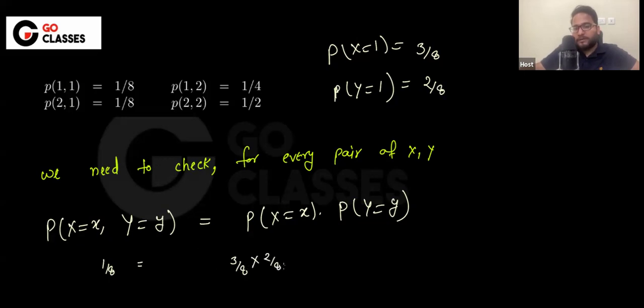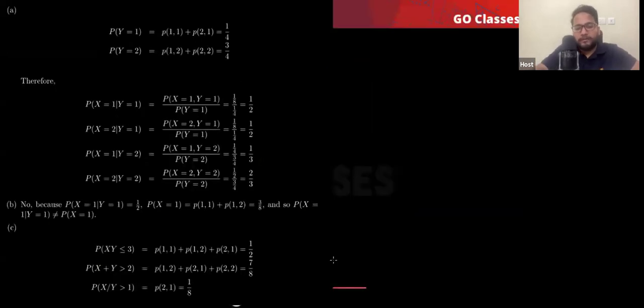Is this satisfying? No, right? Or yes, let me check. This is 4. Okay, I think it is not satisfying. So for 1, 1, it fails. So it is not independent. Because for 1, 1 itself, it is failing.